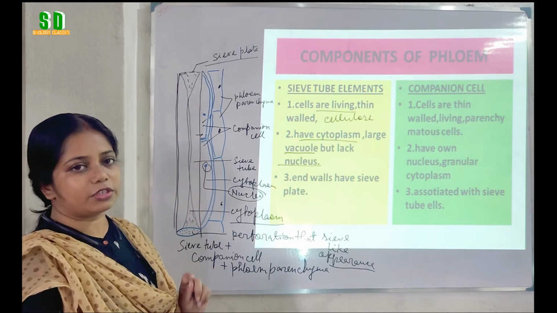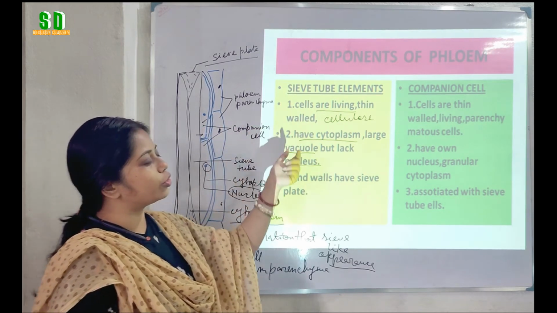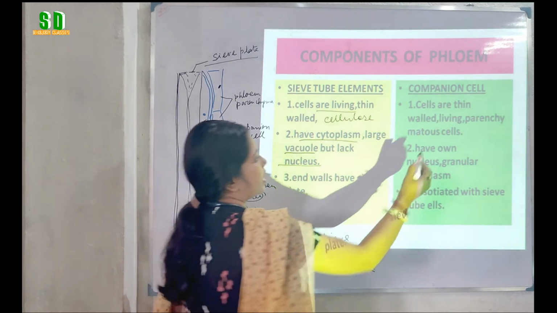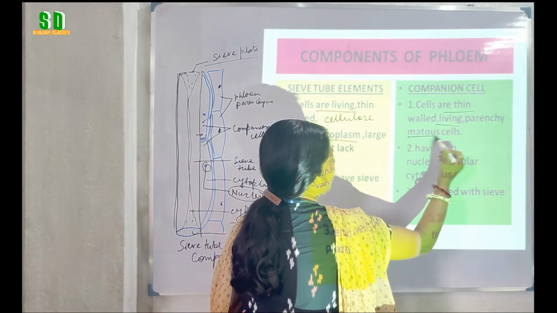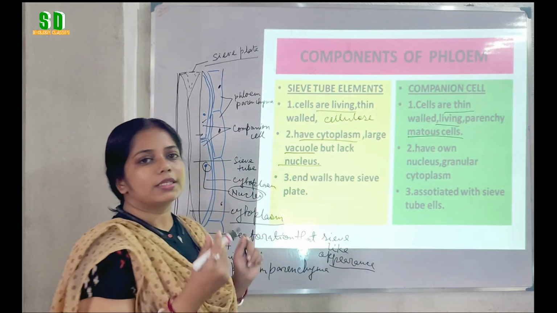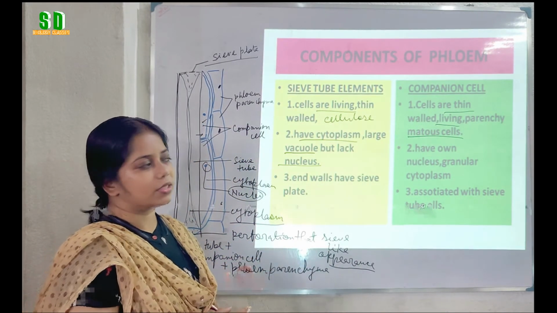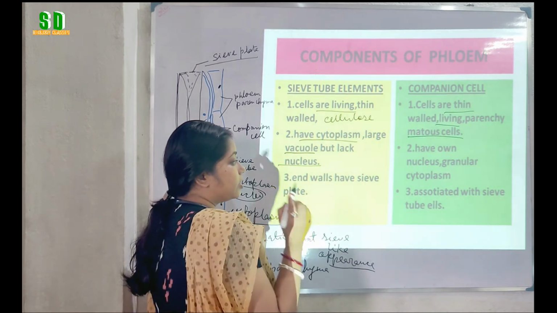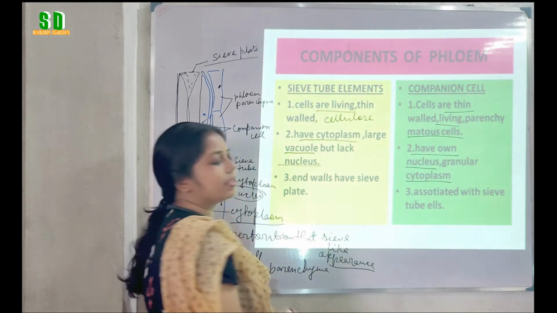So what are the other features of the companion cell? First of all, like sieve tube elements, the companion cells are also thin-walled and living, and they are mainly parenchymatous in nature. Remember that they have their own nucleus and granular cytoplasm.